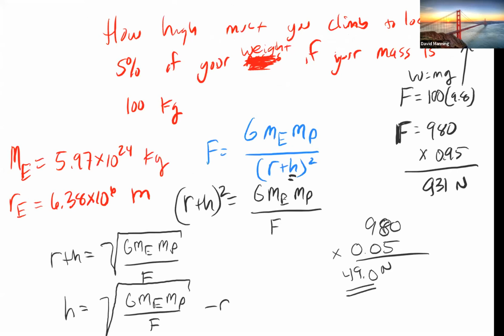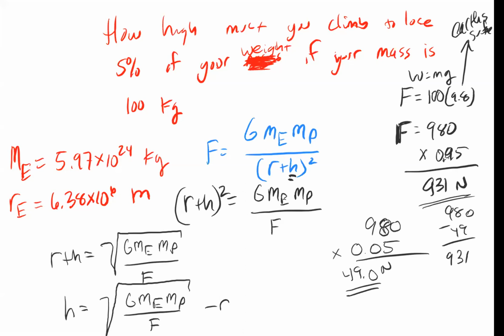So 5% of our weight is 49 newtons, and 980 minus 49 is 931. But if you multiply it times 0.95, that's the weight that you have left. Does that make sense, instead of subtracting? Yeah, it makes sense. Less steps. Do you understand where it comes from now? Yeah.